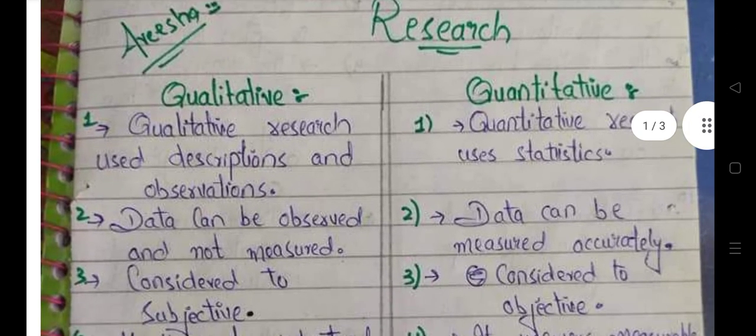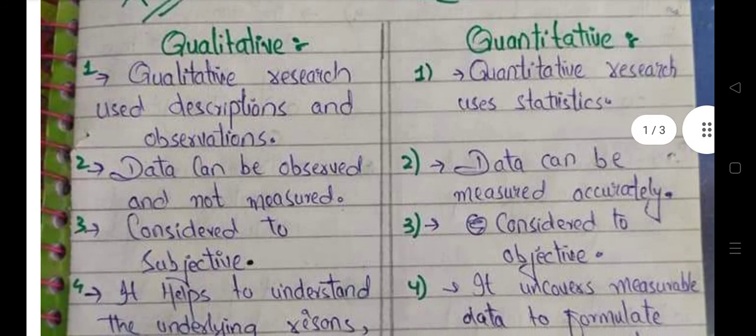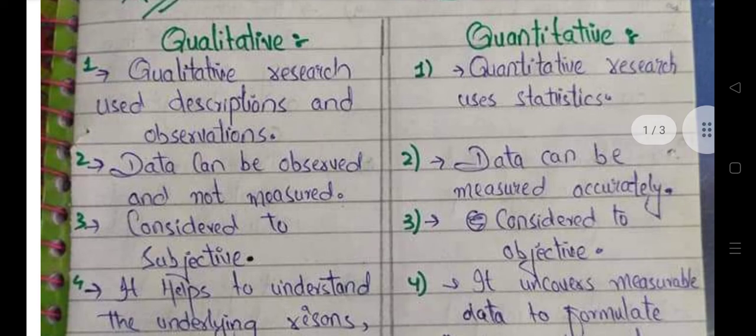So qualitative research uses descriptions and observations, whereas quantitative uses statistics, right? Qualitative data can be observed and not measured, whereas quantitative data can be measured accurately, numerical data.